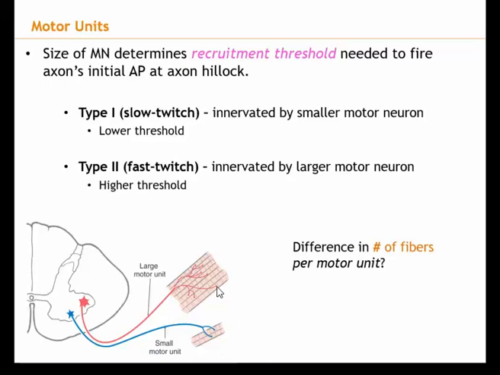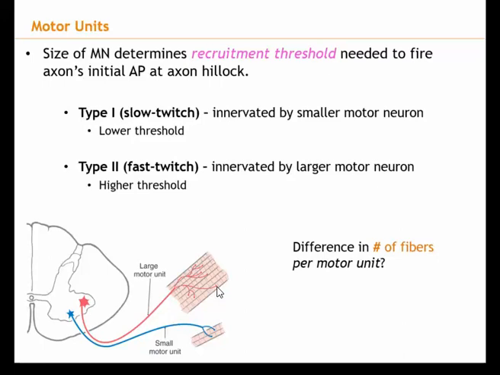But up here, we have a large motor unit. Larger muscles need more dynamic control to produce greater amounts of force. So let's say like the rectus femoris or the gluteus maximus.